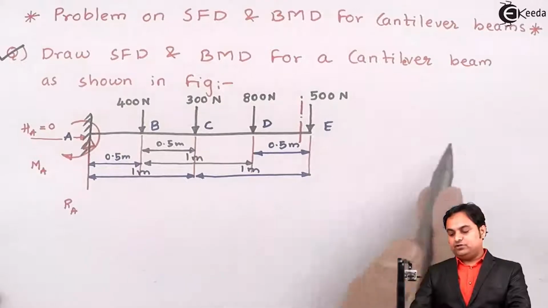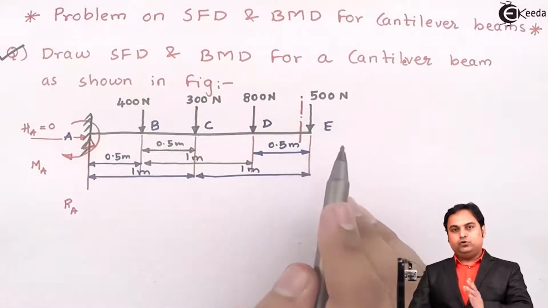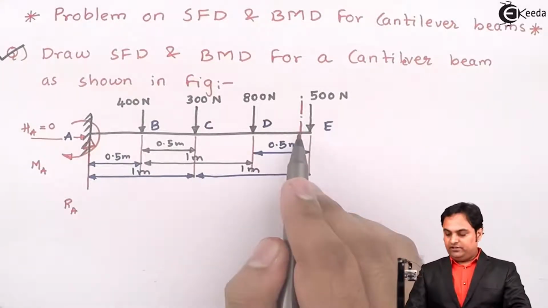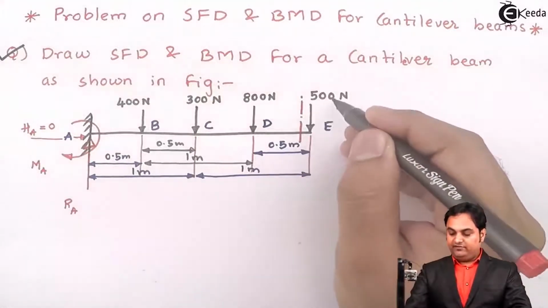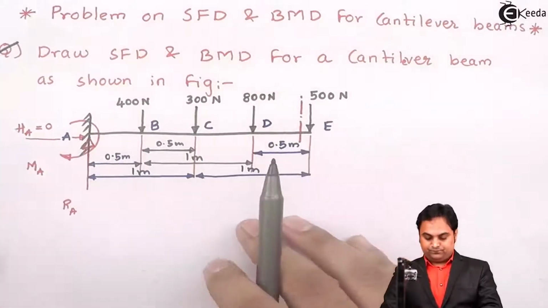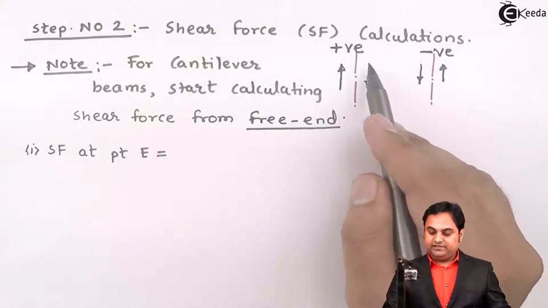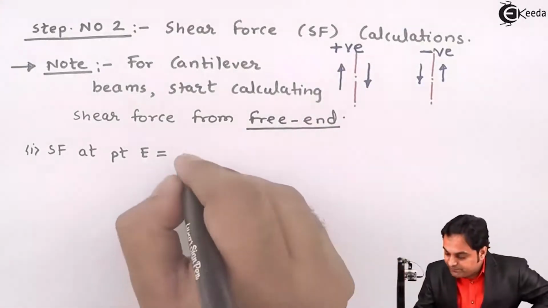It means shear force will start from 0, from point E, and then it will go on increasing. Let us check this. If I am taking the section to the left of E, then on the right hand side of E, there is a downward load having value 500. So, as per the convention, if a force is to the right of the section acting downward, it should be treated positive. The value is 500.